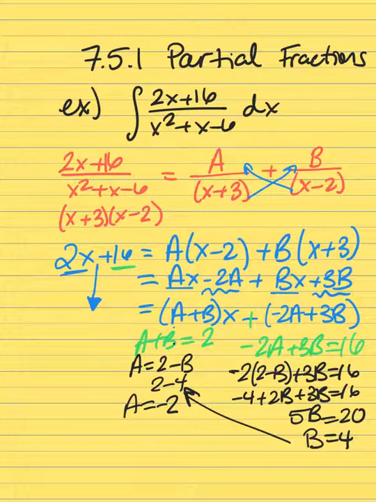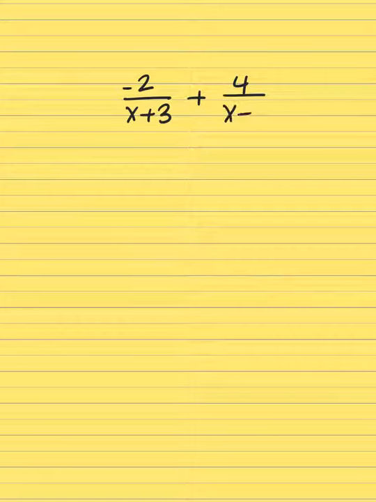So, just to remind myself, I've got negative 2 over (x plus 3) plus 4 over (x minus 2).